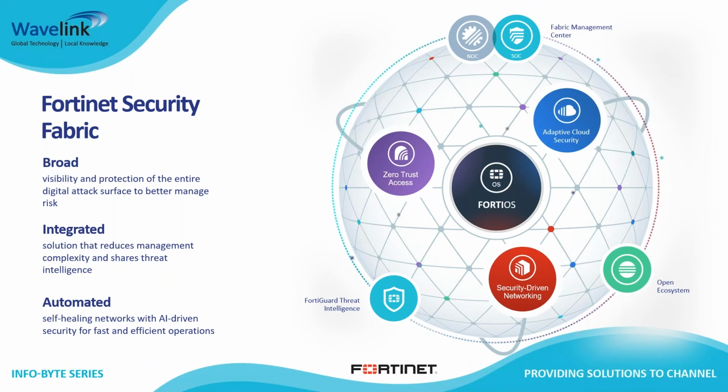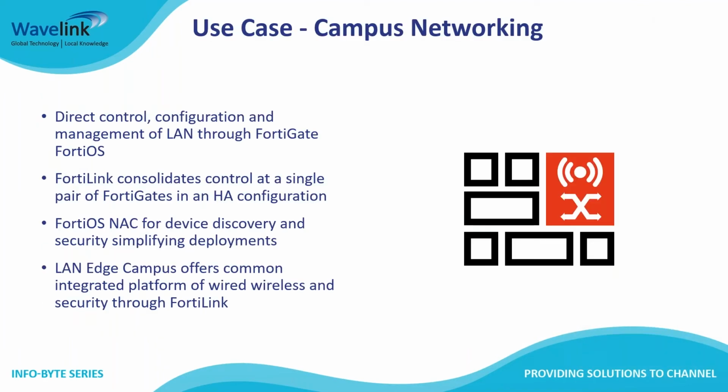Right. Let's take a look at a few use cases. Of course, we can align campus networking with the initial problem and the solution that I was talking about. With this, you have multiple users and multiple devices coming in with their devices and with their services.